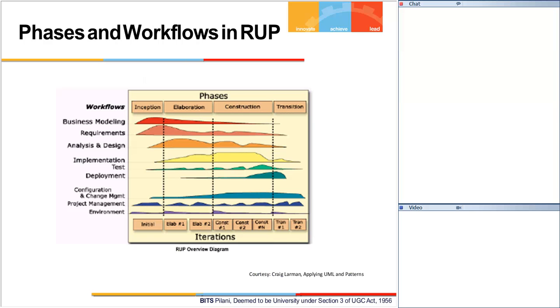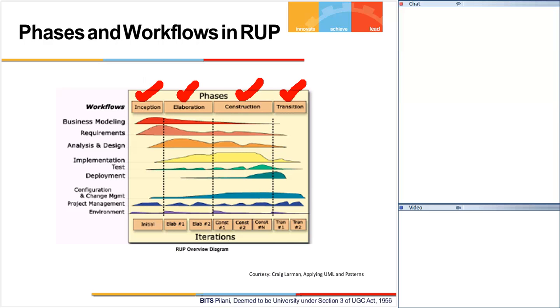Now let us try and understand what this particular process model tries to explain. There are phases. It has a total of 4 phases, right? Inception, elaboration, construction, as well as transition, right?